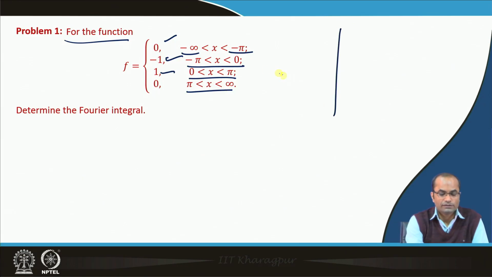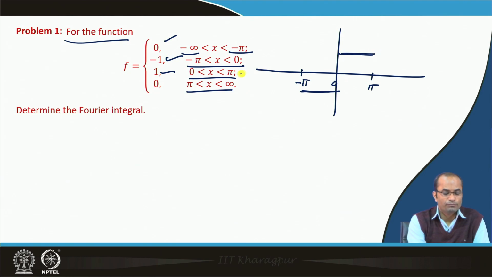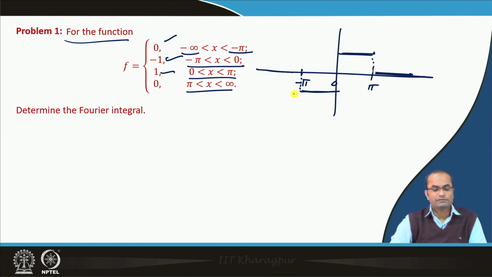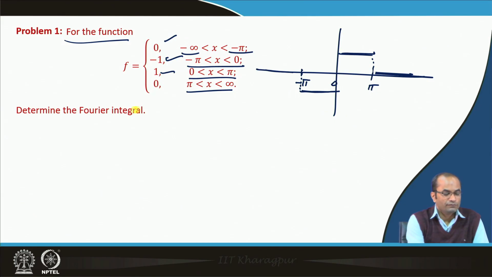So, we have the function here which is 0 up to minus pi, then minus 1 from minus pi to 0, and then we have 1 in 0 to pi, and then again 0. So, we have this piecewise continuous function, and we want to find the Fourier integral representation of this function.